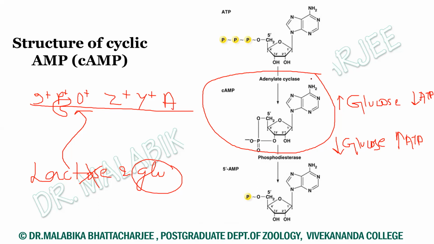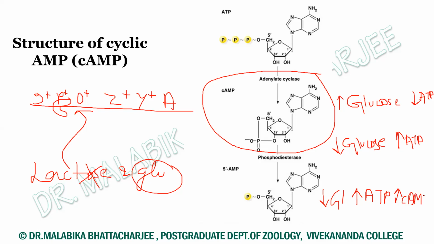If there is low glucose, high ATP, high cyclic adenosine monophosphate. So we can draw a relationship here. Indirectly, if there is low glucose, there is high ATP, which indicates again that we have high cyclic adenosine monophosphate, right?